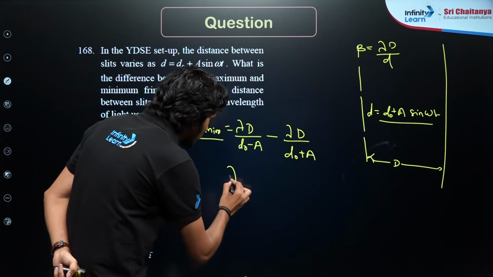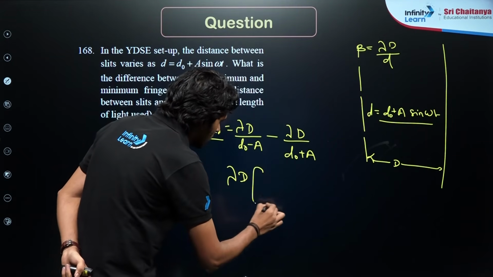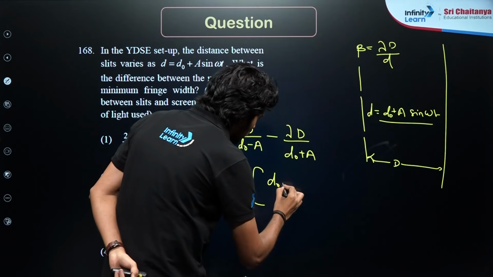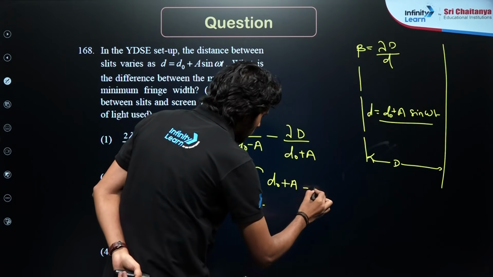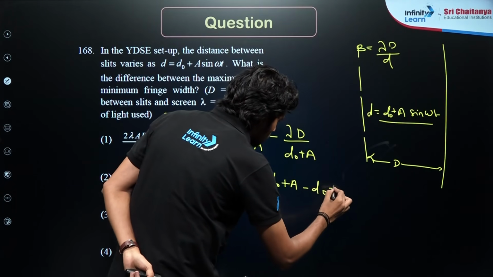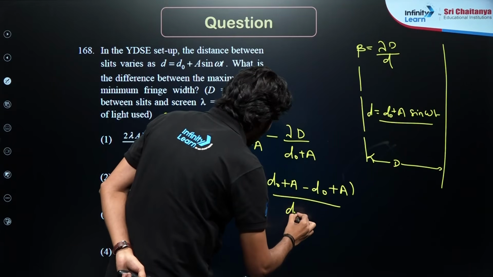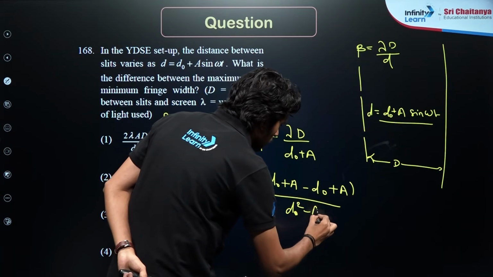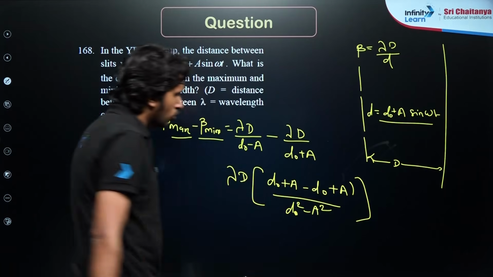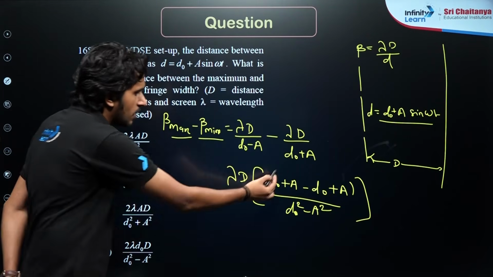So lambda D common, and in the bracket, d naught plus a minus d naught minus a, upon d naught square minus a square. So d naught minus d naught cancels out.